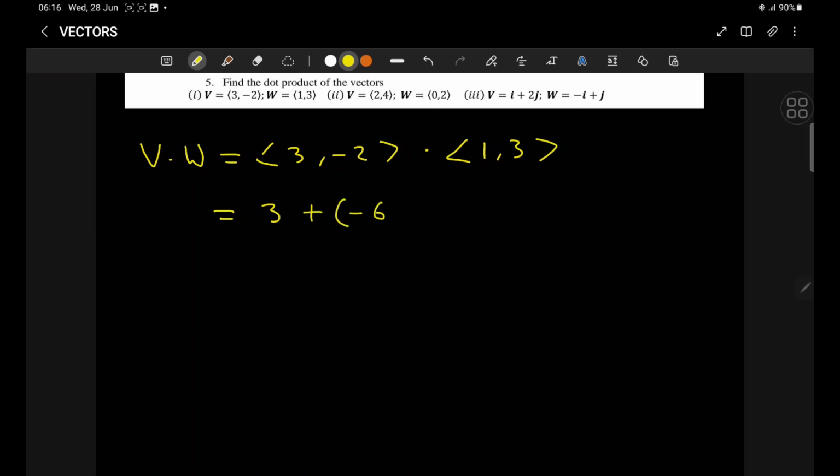So we find v dot w, where our vector v is (3, -2), dot (1, 3). So we multiply 3 by 1, we just have 3, plus -2 by 3 will give us -6. Then the addition of the 2 will be -3, and this is our dot product.